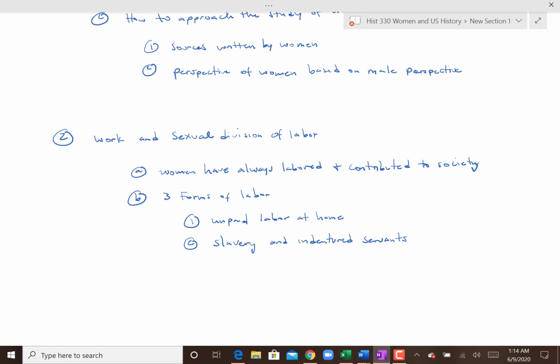But it wasn't slavery, because slavery means, especially within the United States, that there's no contract, there's no time limit. And in the United States, it also became generational.